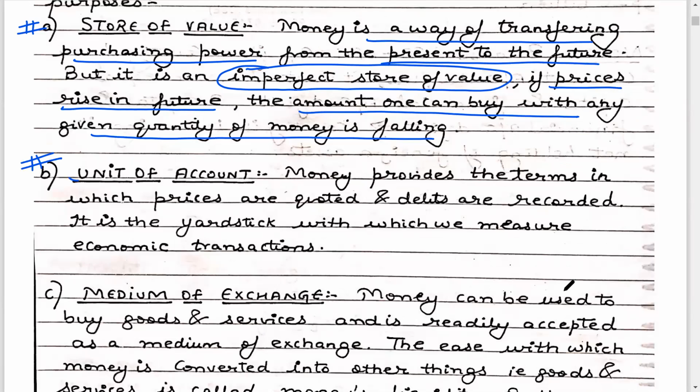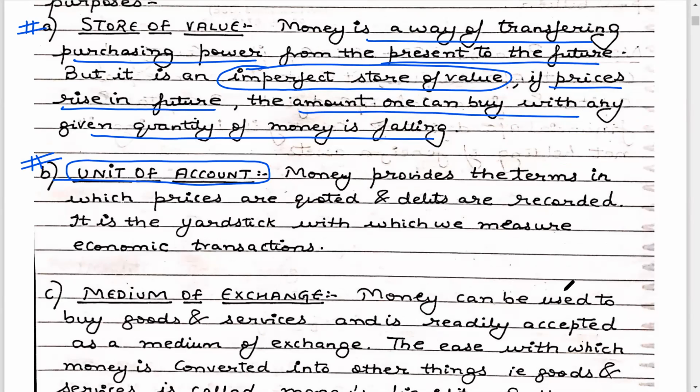Money can be used as a unit of account. Now, what does that mean? That simply means just as you measure height in centimeters, meters, you measure distance in kilometers, meters, okay? You measure liquids in terms of liters.